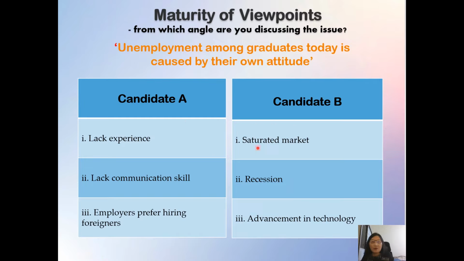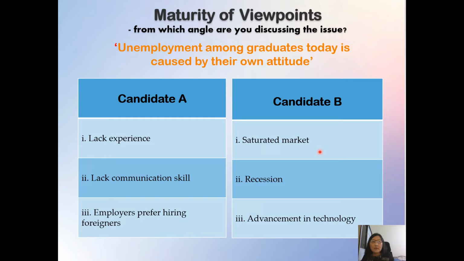If we are to compare the viewpoints presented by these two candidates, we'll see that candidate A's viewpoints are more personal. He's talking about me, myself, I. On the other hand, candidate B's viewpoints are more global.